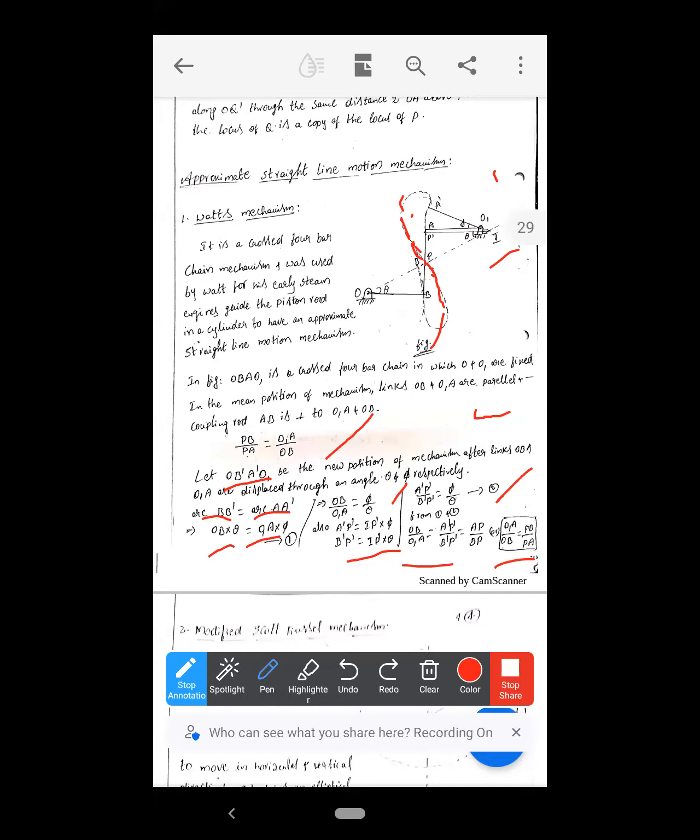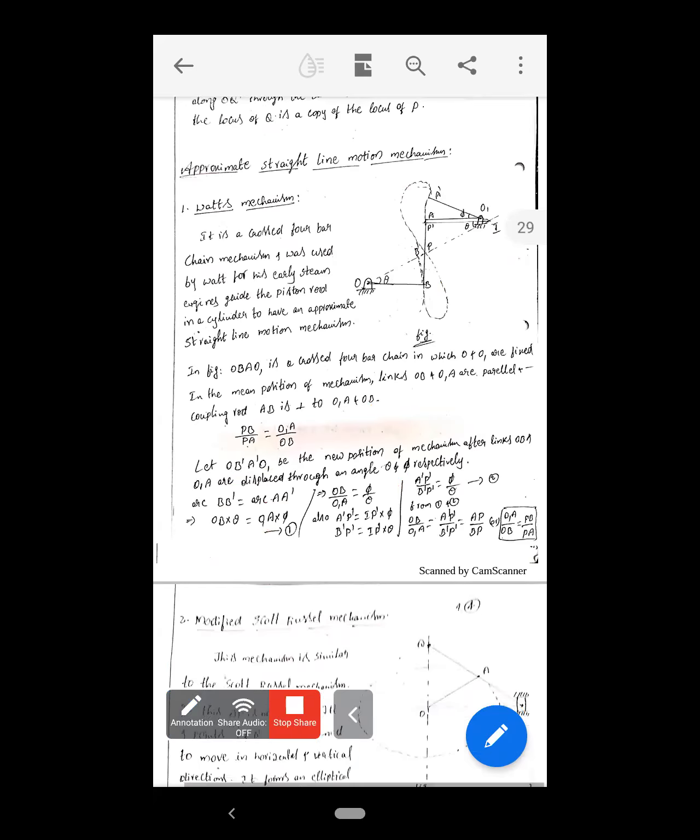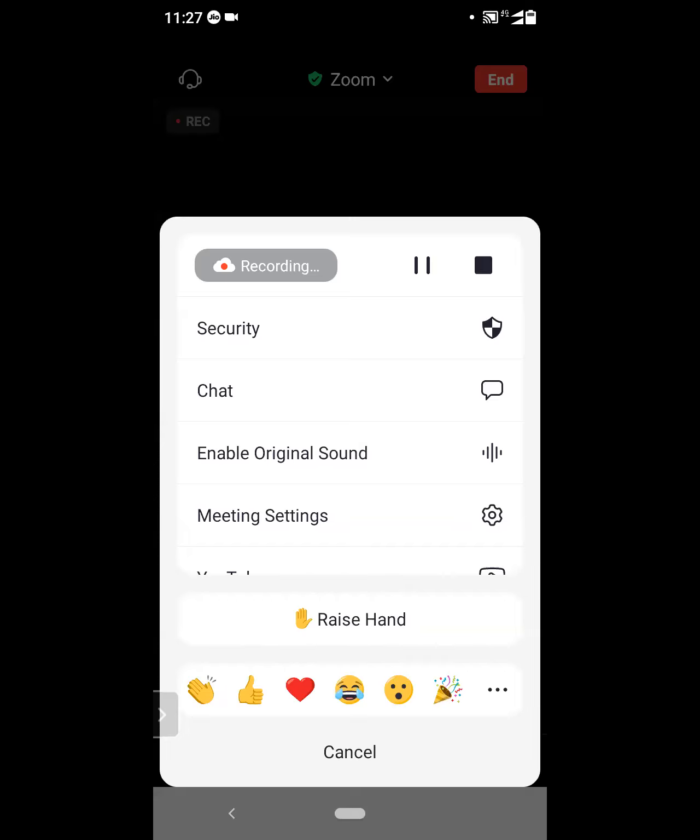The link lengths are given, but when the mechanism moves, the links get displaced from one place to another, and we may find their lengths with the help of the next derivation.